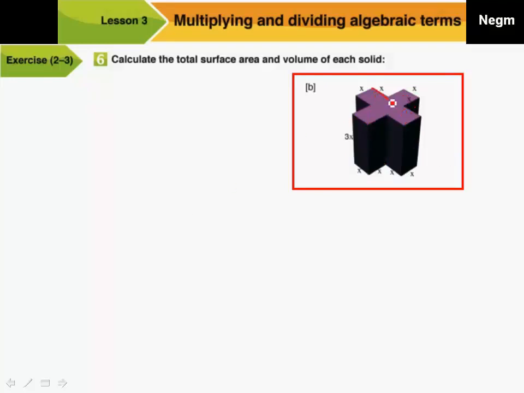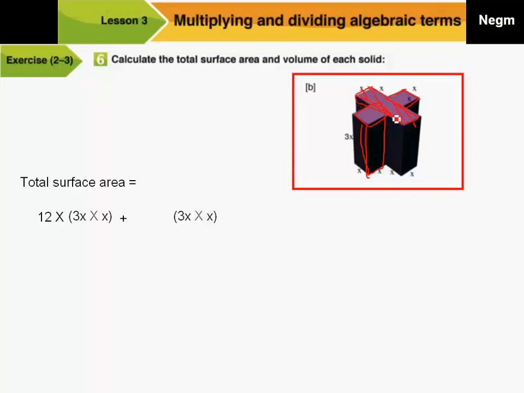We have also this rectangle and another 2 shapes here. 2 squares, x times x, and another shape here. So if we want to calculate the total surface area, we will calculate the area of one rectangle, which is 3x times x, times 12, because they are 12, plus what is the area of this one?